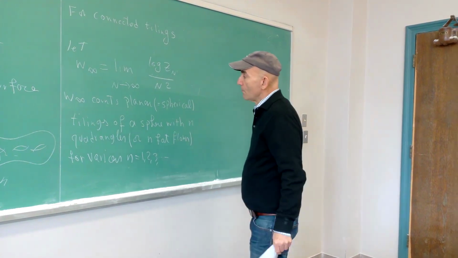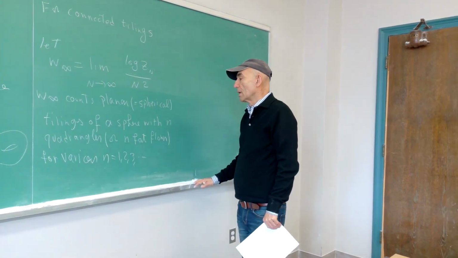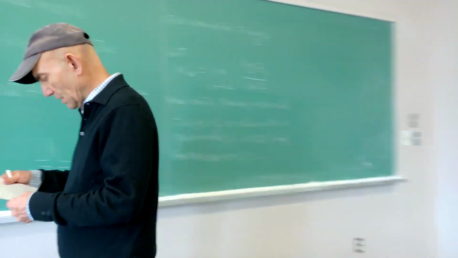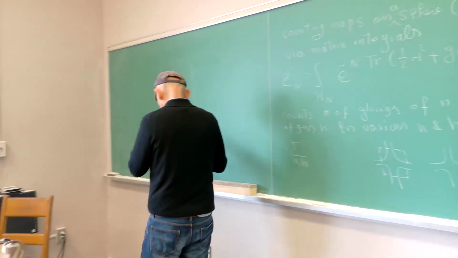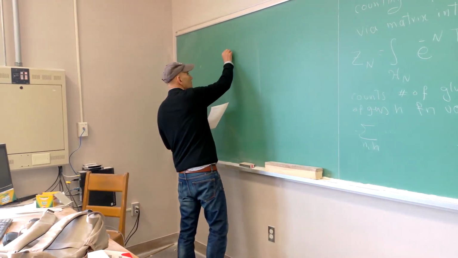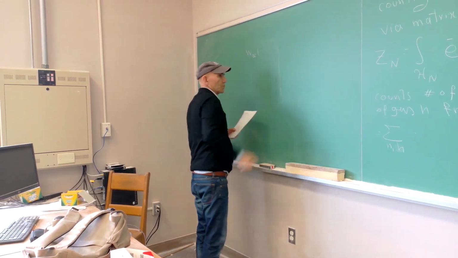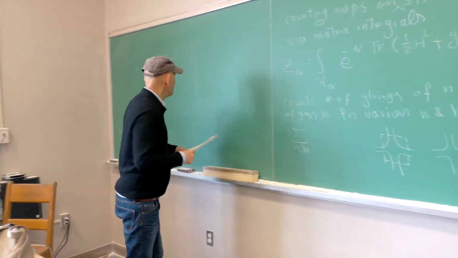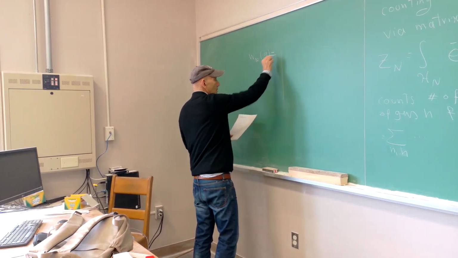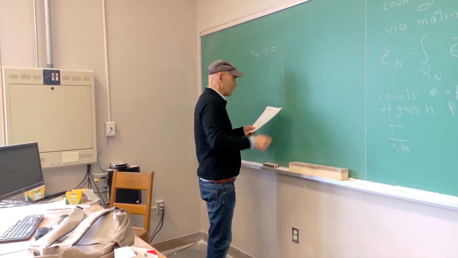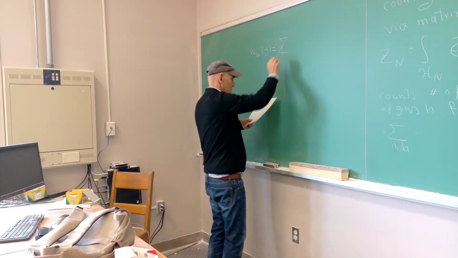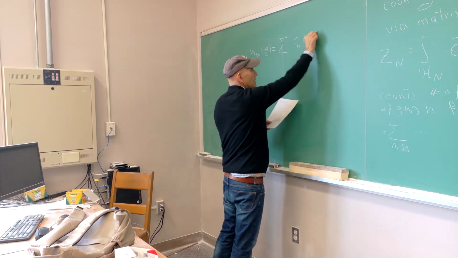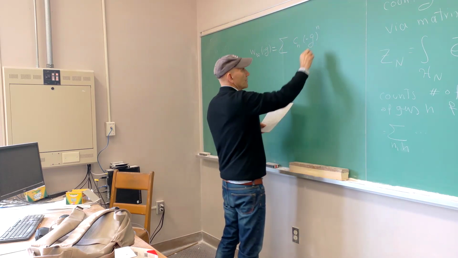So the normalization that we use is the following: W infinity, which of course is a function of this parameter G, W infinity of G is a formal power series in terms of this parameter G, the sum of Cn, the coefficient we call Cn, times minus G to the power n over n factorial.